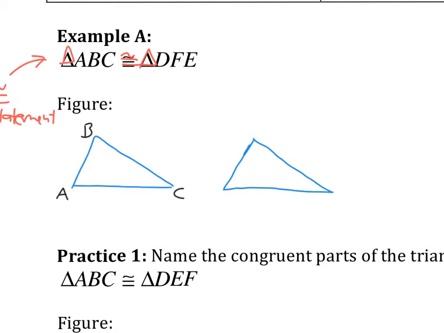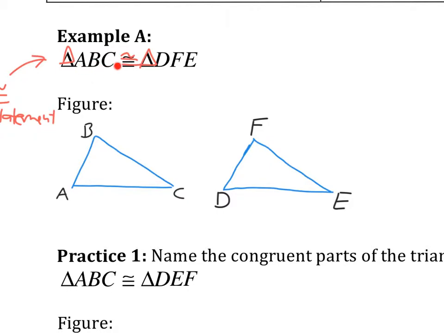Now notice, since I put A here in this angle, I'm going to put the D in the same relative position because it corresponds. Next, I put B up, so I'm going to put the F up. Wait a tick. Why did I put the F up? Well, notice the order up here.